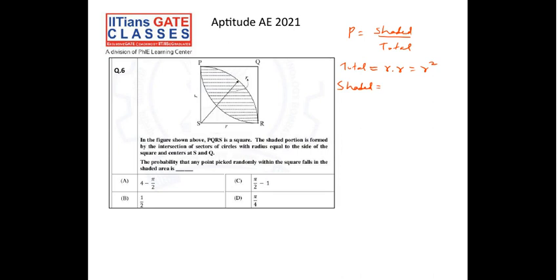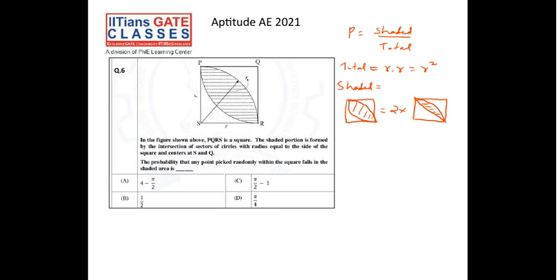Now for the shaded area, we'll have to do some calculations. The shaded area is shaped like this. There is one sector over here and another one over here. Now I can mark this as 2 times. I'll mark the diagonal first, then I'll take the curved surface only on one side.